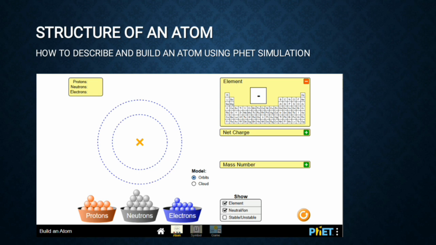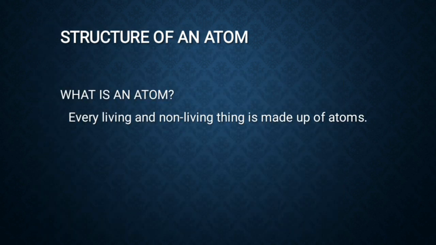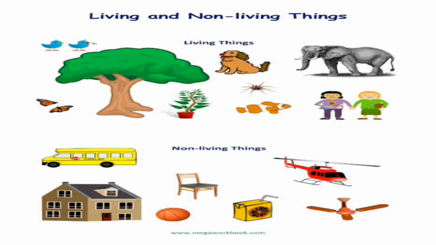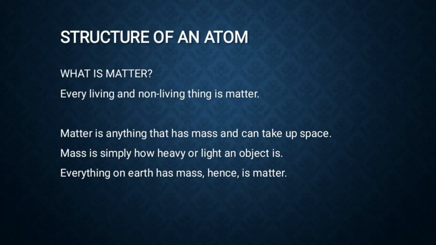Alright, just to quickly recap on what we learned in the previous class. I taught that every living and non-living thing is made up of atoms. We saw different examples of living and non-living things, and how all of them are made up of atoms.